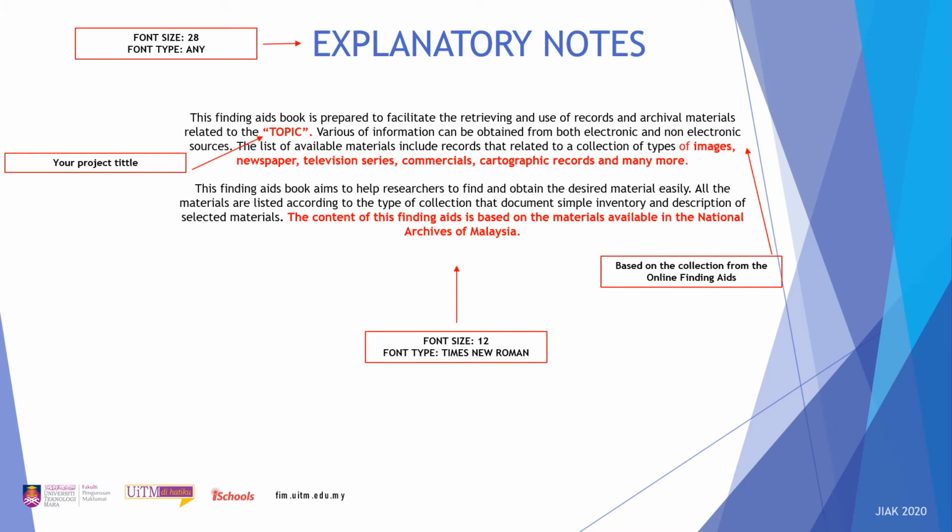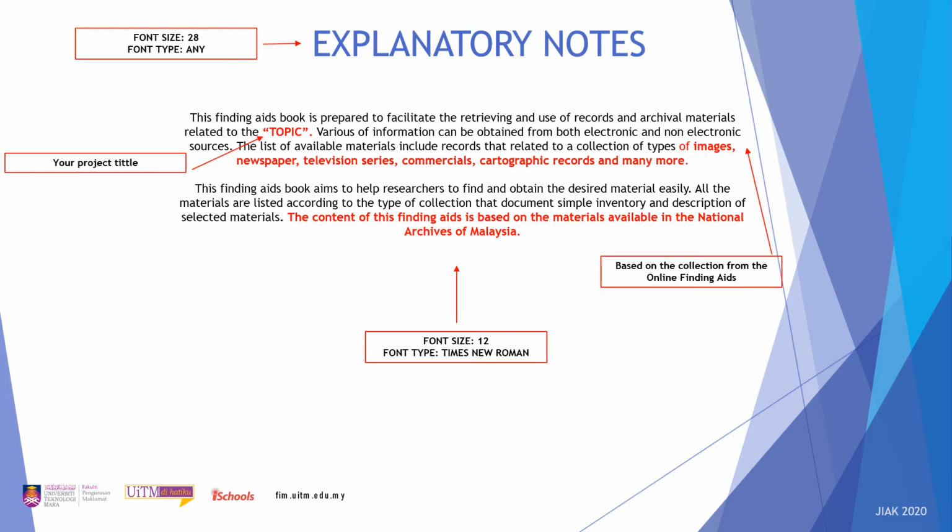The next one will be the page for explanatory notes, where these explanatory notes explain the collection types that you used in order to complete these Finding Aids books. For example, the list of available materials includes records related to collections of types of images, newspapers, television series, commercials, cartographic records, and many more.